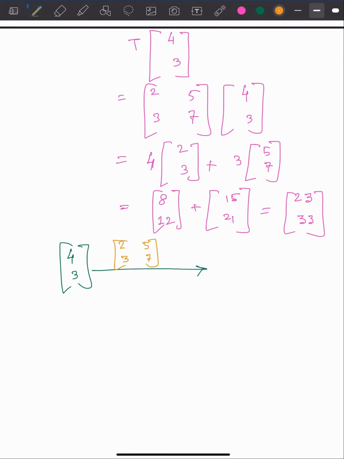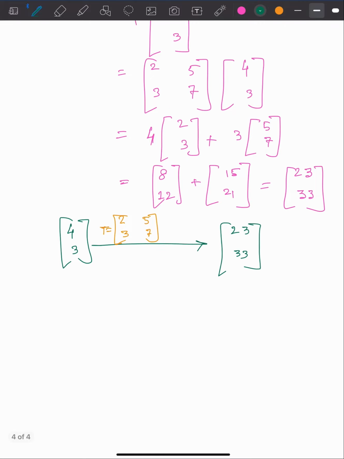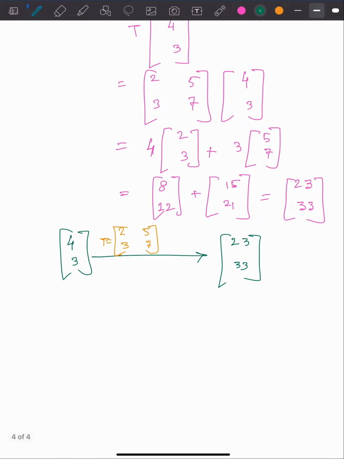This is the transformation matrix. That is why I've written it in a chemical equation way. This is changed to 23, 33. This is the way of changing the basis vectors.